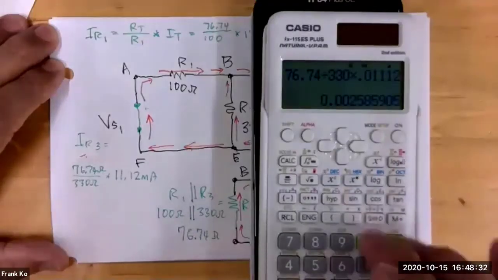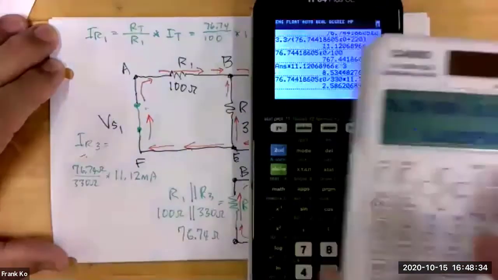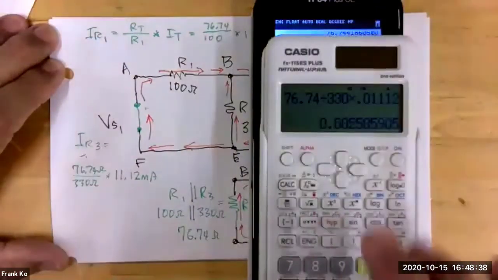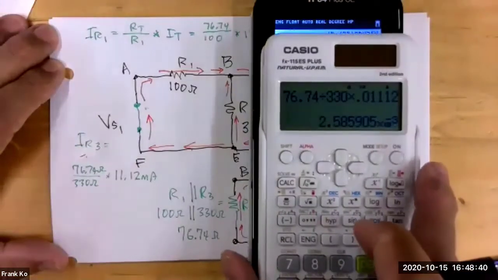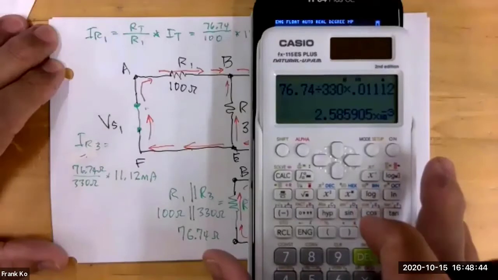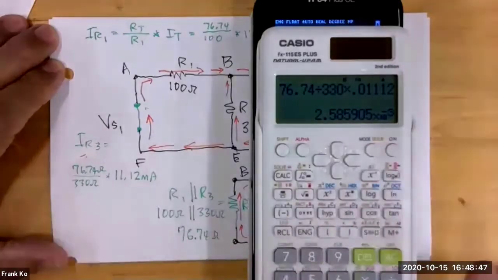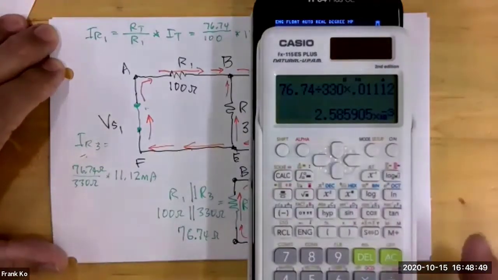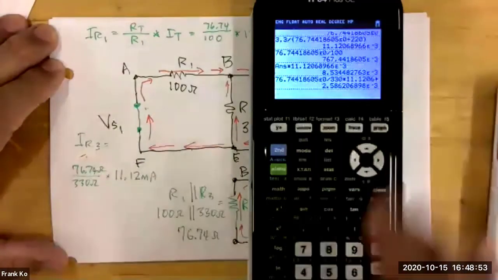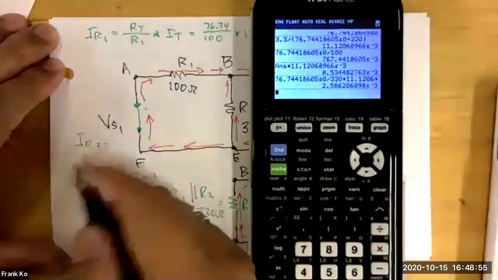Okay. And so it worked out to be, is this correct? 259 milliamps or 2.59 milliamps? Okay, so I have it on this calculator and also on here. So 2.59 milliamps. All right, cool.